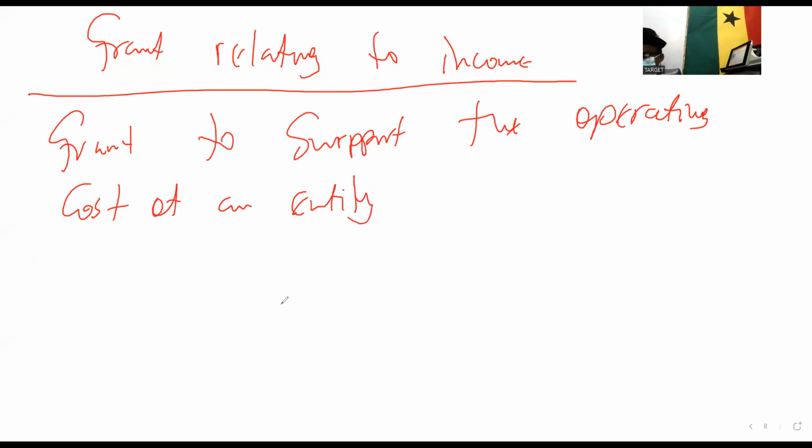What's the accounting treatment? That's all, then I'll go to the other one. Accounting treatment of grants relating to income.